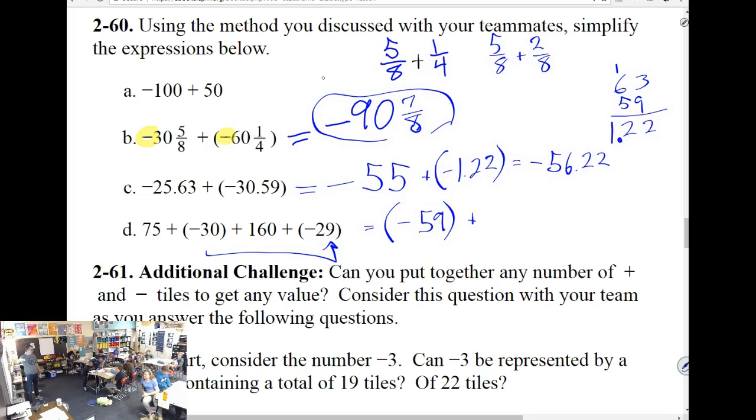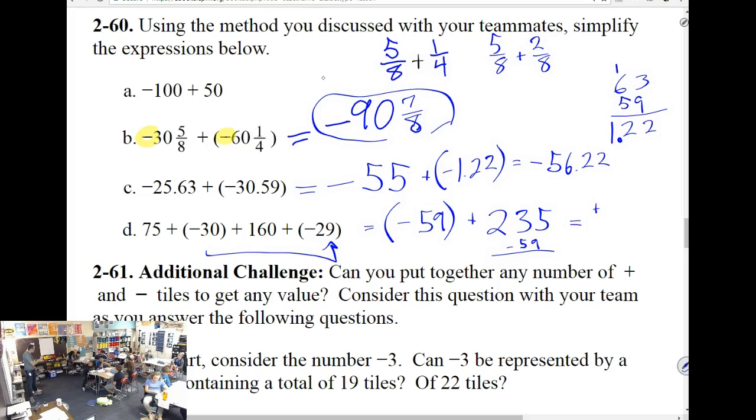Put the good guys together, that's 235. Who's going to win, good or bad? Good. So you don't have to put a positive, but you can if you want. Oh, I know what it is. It's 126, right? No. It's 176. I got a trick. My 2 looks like a 7, right?